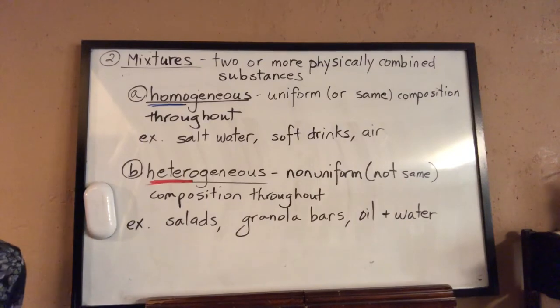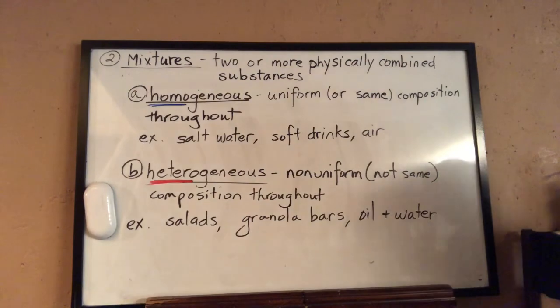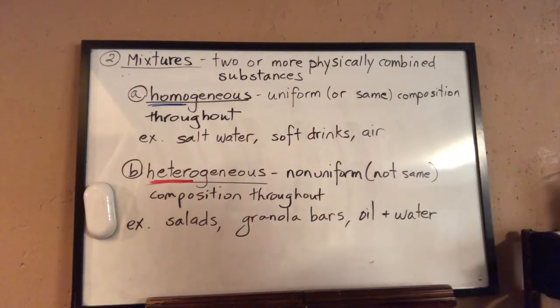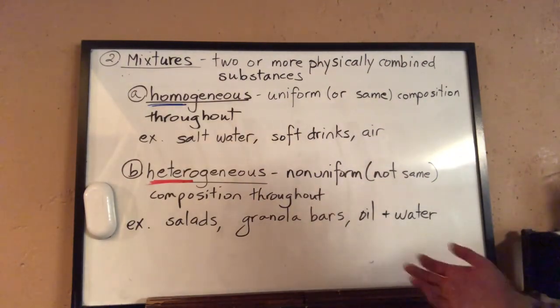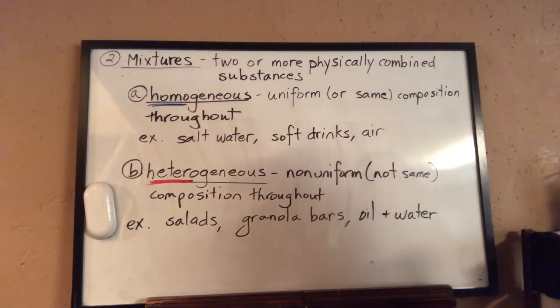And there are two categories of mixtures: homogeneous and heterogeneous. A homogeneous mixture has the same composition throughout, or a uniform composition throughout. And some examples, just to give you an idea: salt water, soft drinks, the air we breathe, are homogeneous mixtures.